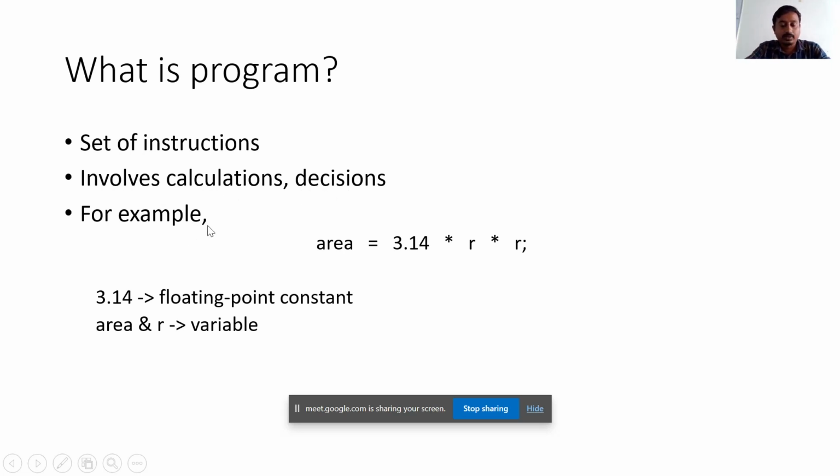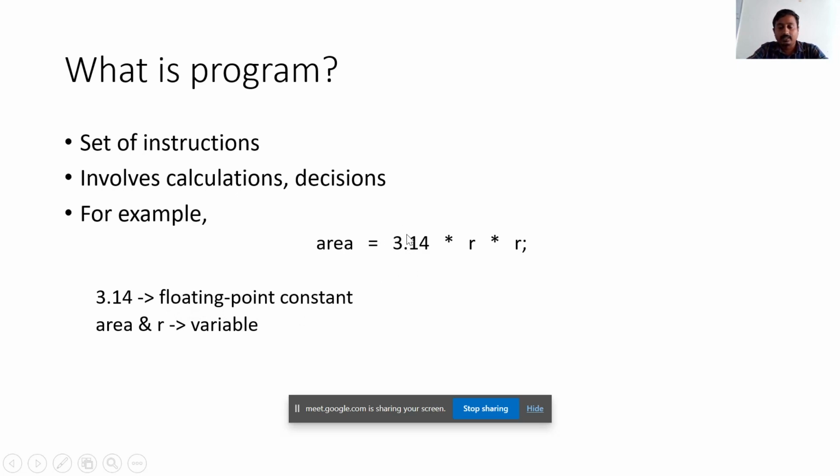For example, if you consider the task of finding the area of a circle, this will be our main expression. Now this expression involves two operators here, the equal to symbol and the multiplication symbol. Here 3.14 is a floating point constant.